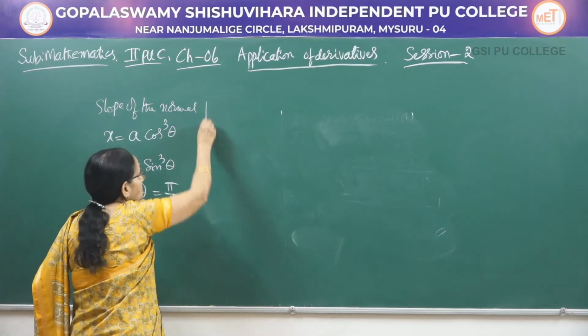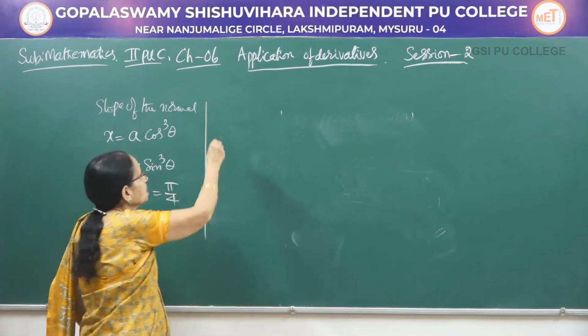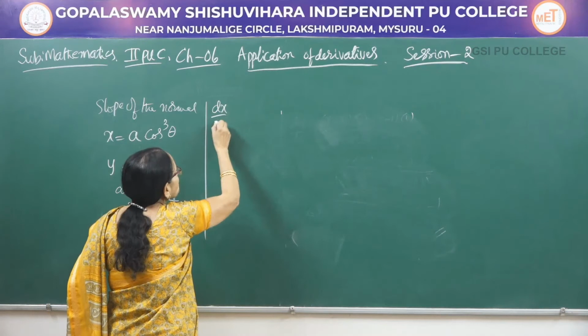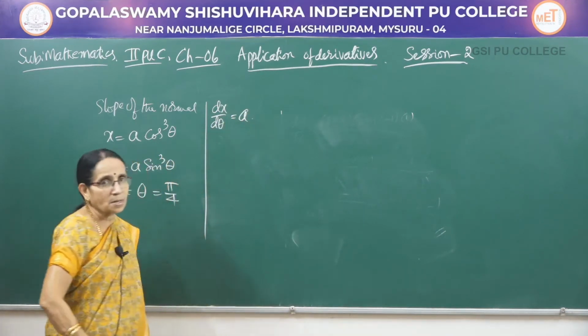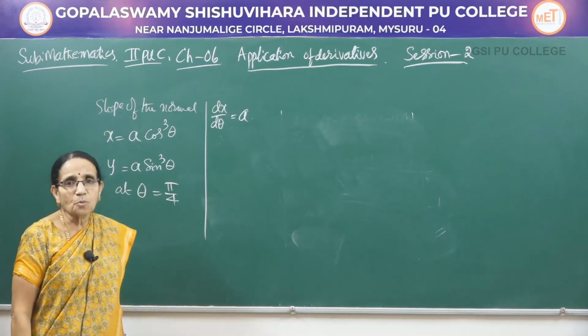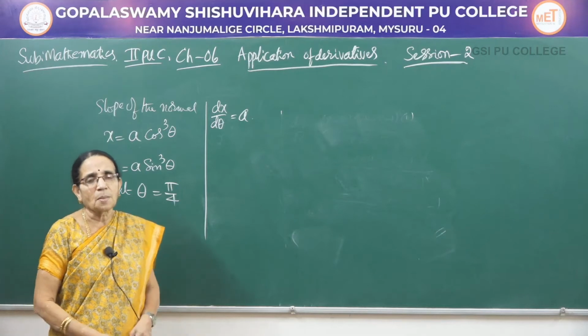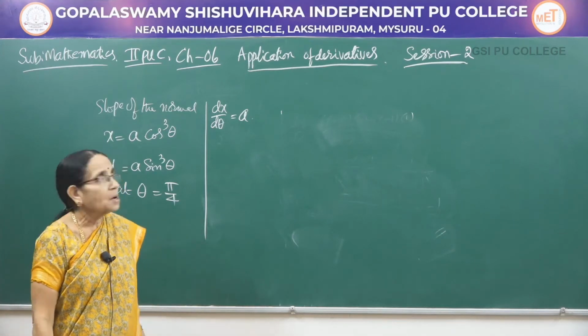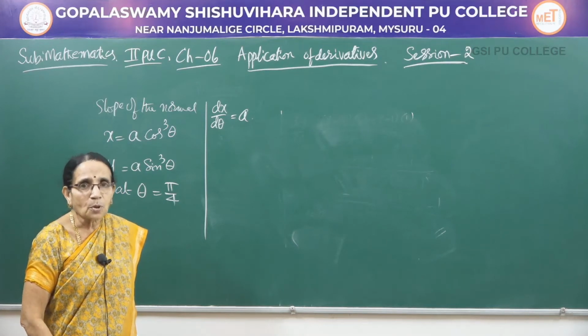Now, here, first let me differentiate. Differentiate both x and y with respect to theta. So, it is dx by d theta, first one, a being a constant, write as it is. Now, cos cube theta, what type of function is it? It is a composite function. If that were cos theta, it would be a simple function. Cos cube means it is a composite function.